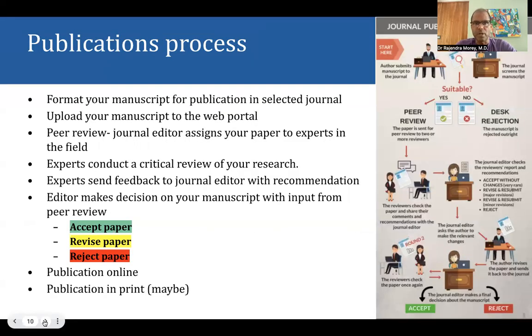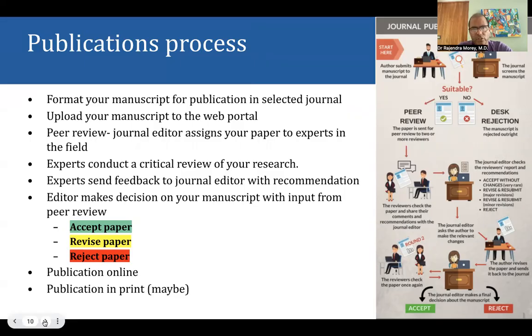The publication process is sometimes a very mysterious and opaque process, and I'll lay it out here. It begins with formatting your manuscript for the journal you've selected, once you've written it.